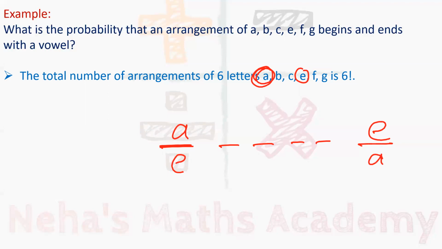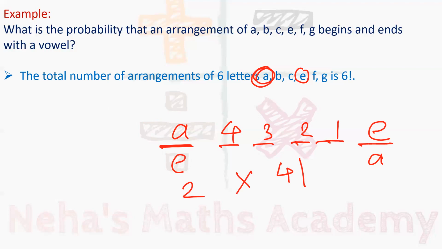That means there are only 2 choices to select the first and last letter. And the remaining letters can be chosen in 4, 3, 2, 1, that is 4 factorial ways. And we want this simultaneously.